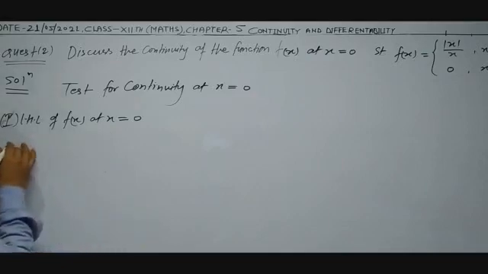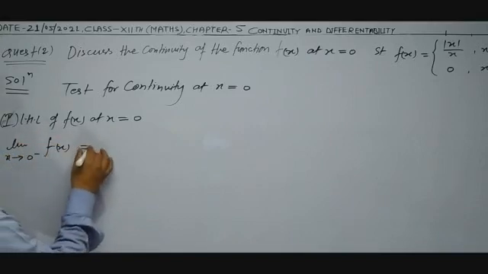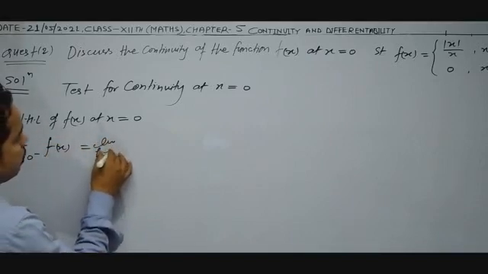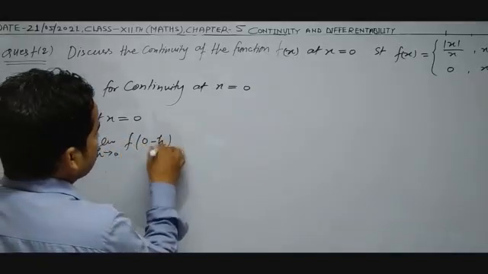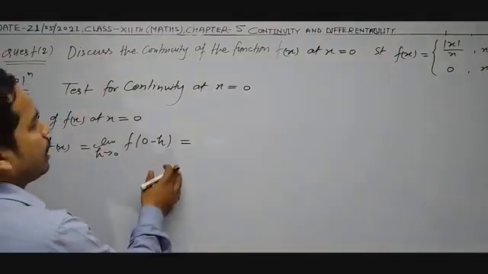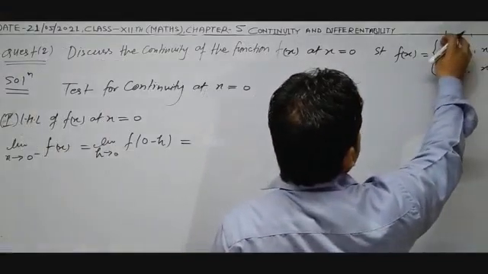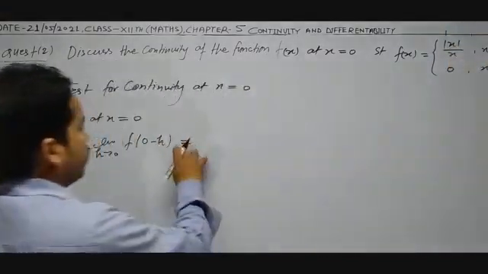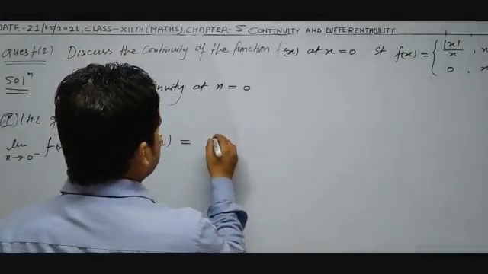So limit x tends to 0 minus f of x is equal to limit h tends to 0 f of 0 minus h, and for f of 0 minus h, on the left hand you will consider mod of x equal to minus x for x less than 0.